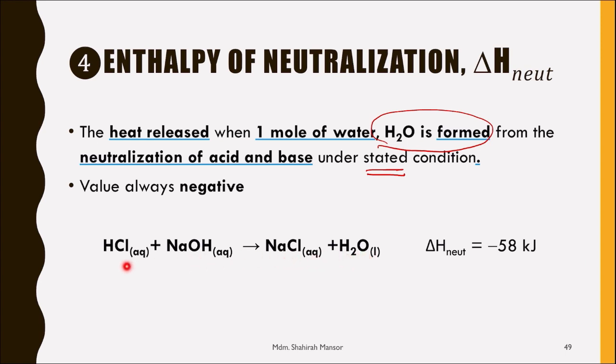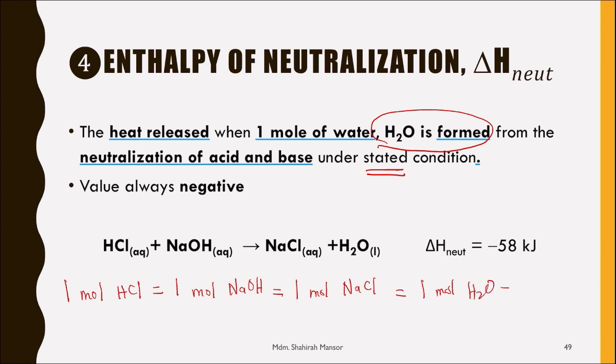So what does it mean by having this thermochemical equation? It means that when you do the ratio, 1 mole of HCl is equivalent to 1 mole of sodium hydroxide, also equivalent to 1 mole of NaCl, also equivalent to 1 mole of water, and all of this is also equivalent to negative 58 kilojoule.